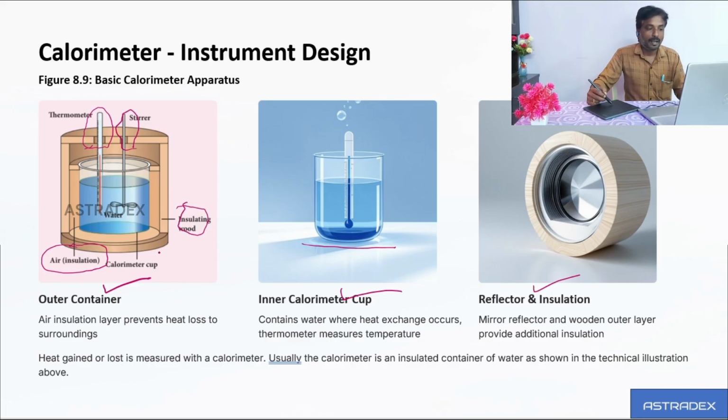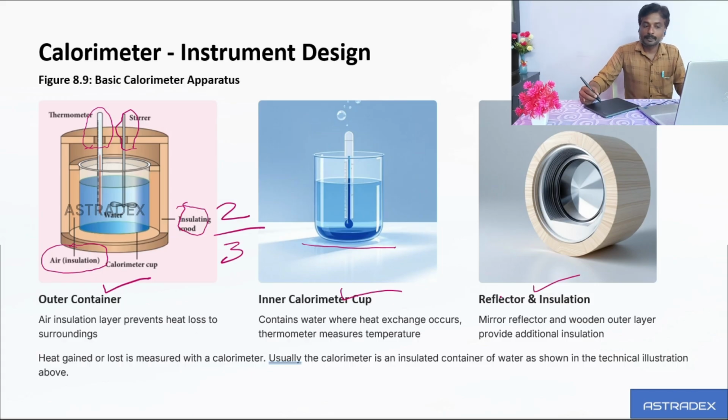The calorimeter cup is usually filled with water up to 2/3 of its total capacity. The third part is the reflector and insulation.